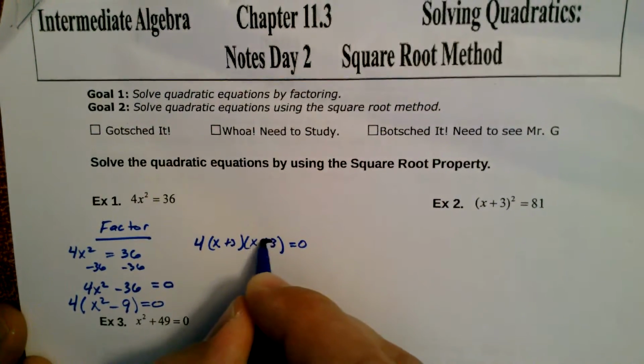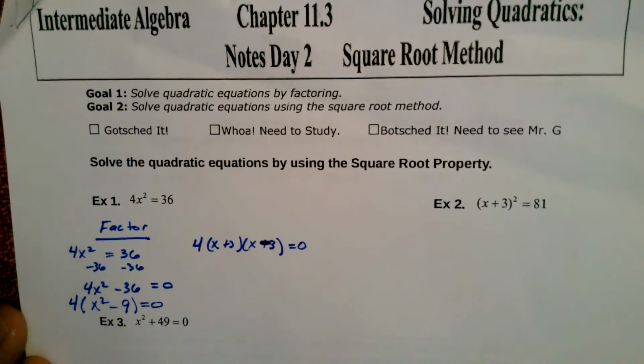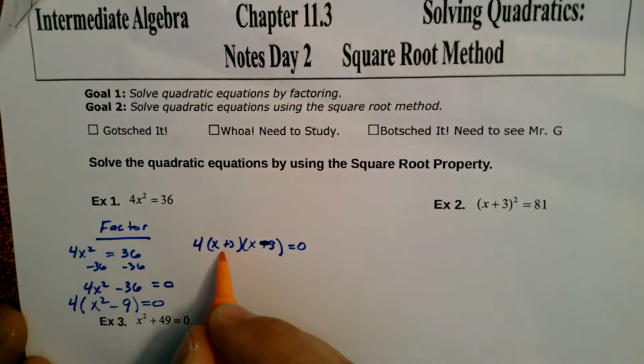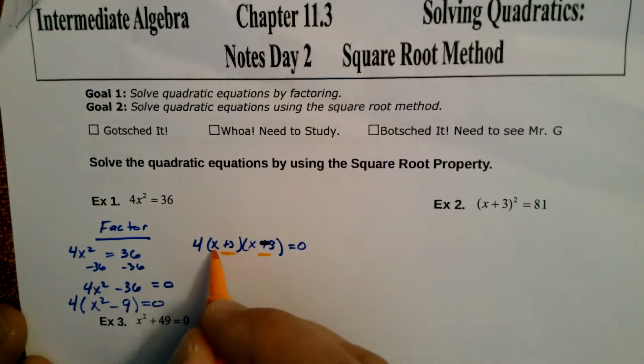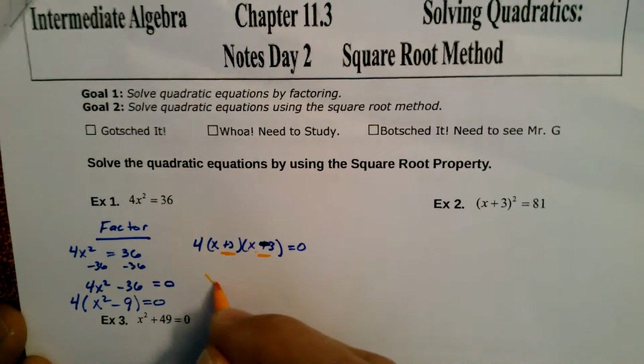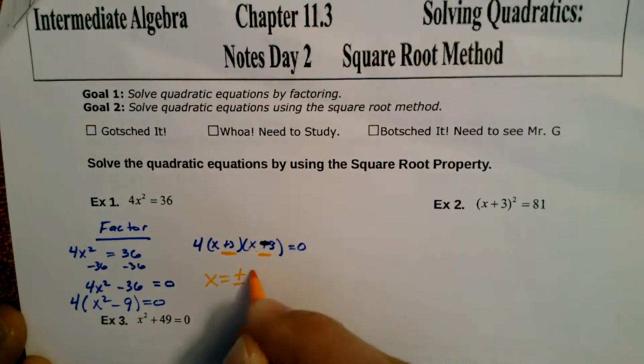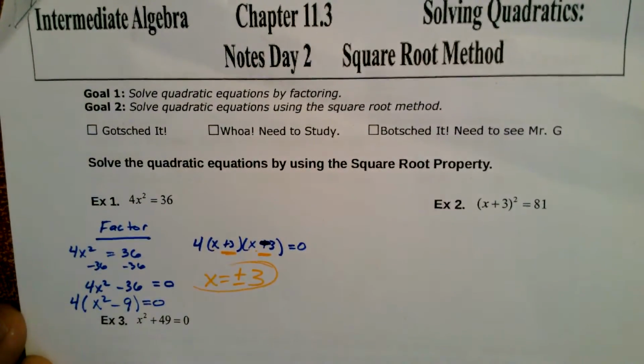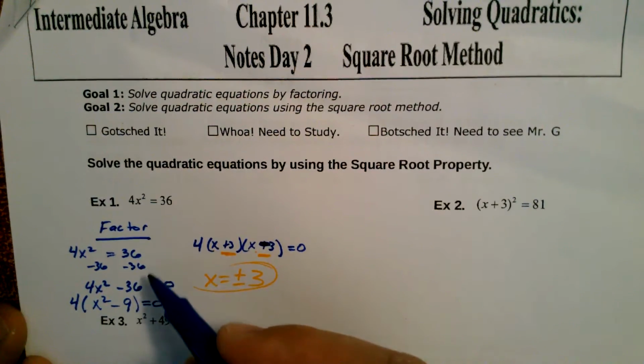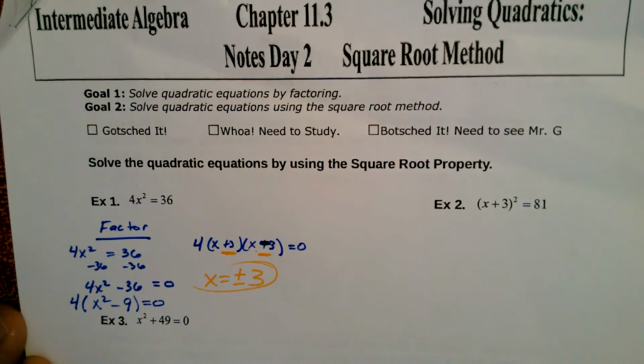Anything with an x we set equal to 0, so with x plus 3 and x minus 3, I should get plus or minus 3 as my solution. So there are 2 answers there. That took quite a few steps, maybe 4.